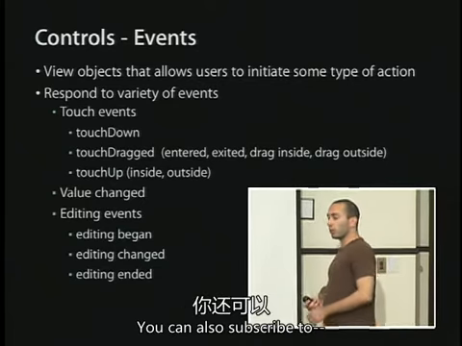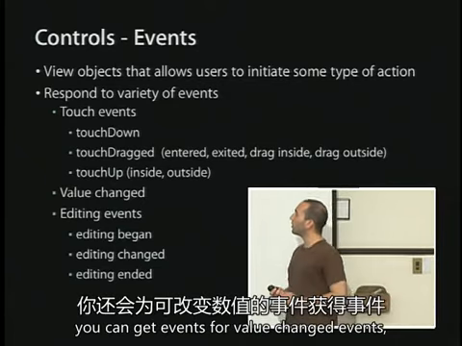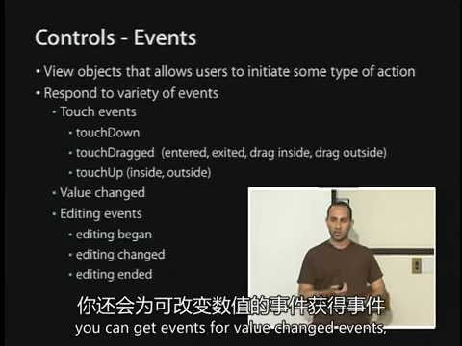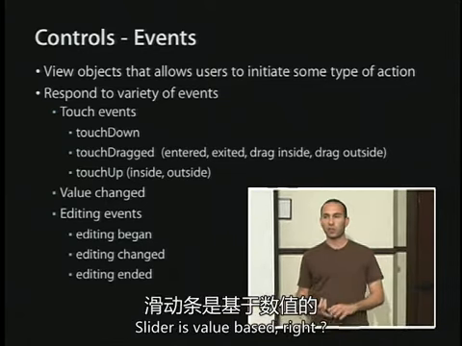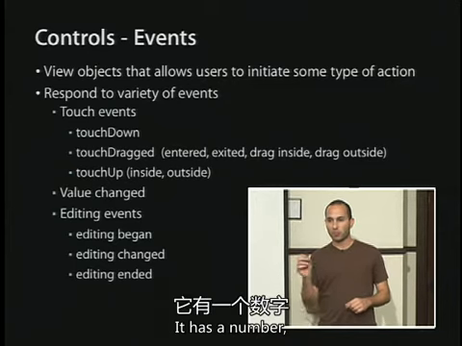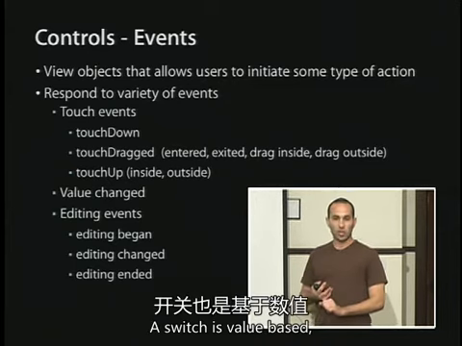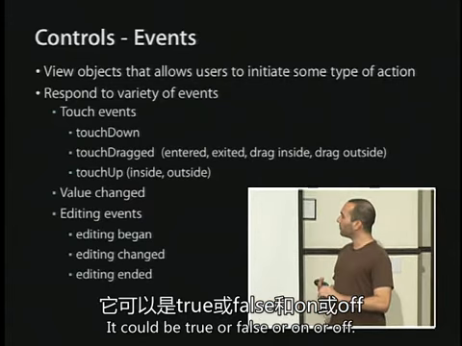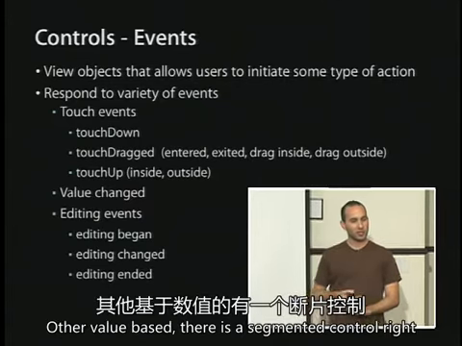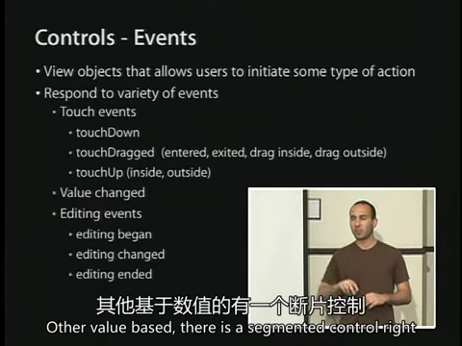You can also get events for value changed events. There's several controls that are value-based. Slider is value-based, right? It has a number. A switch is value-based. It could be true or false, or on or off. Other value-based controls: there's a segmented control, right?